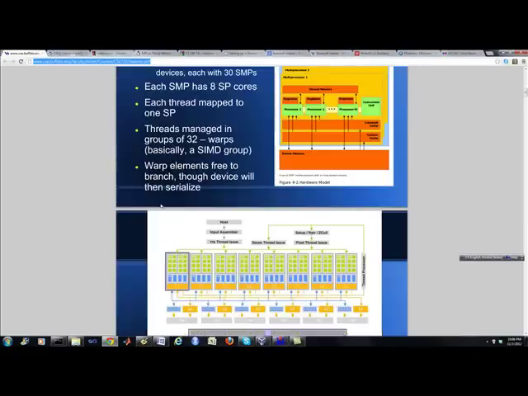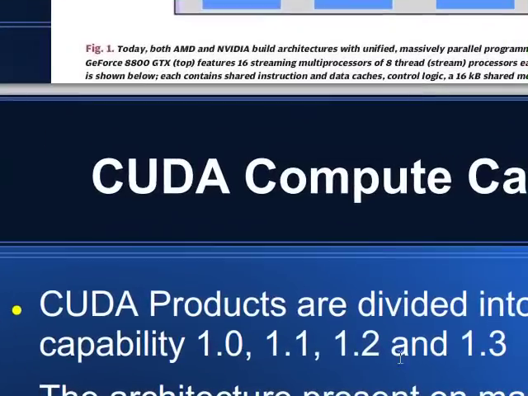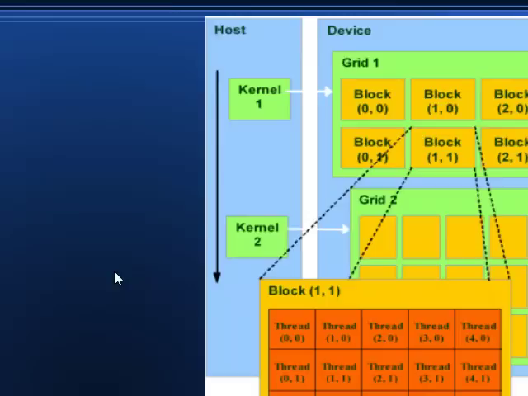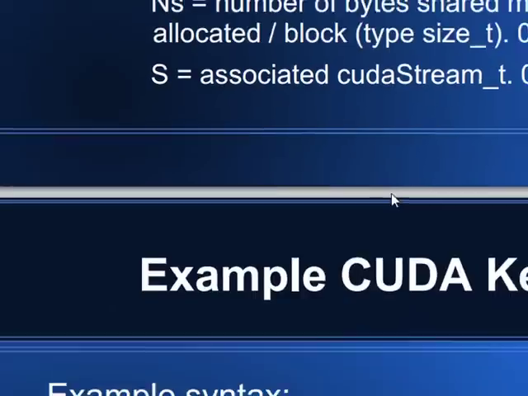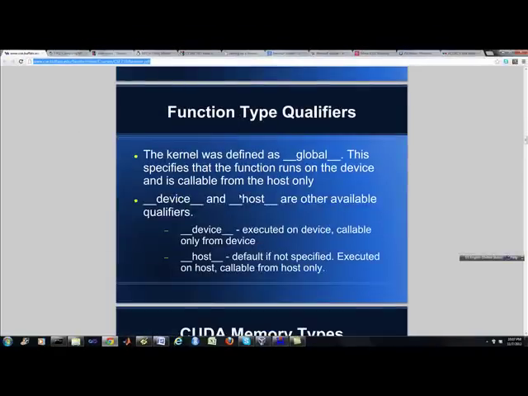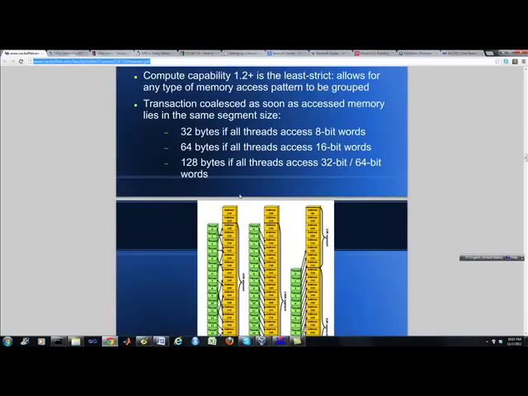It's an API from Nvidia, and I'll show you that as well. But this presentation goes on about CUDA kernels and how they're segregated with grids and blocks. I'll let you read that at your own leisure. And there are certain types of coding you need to be aware of.